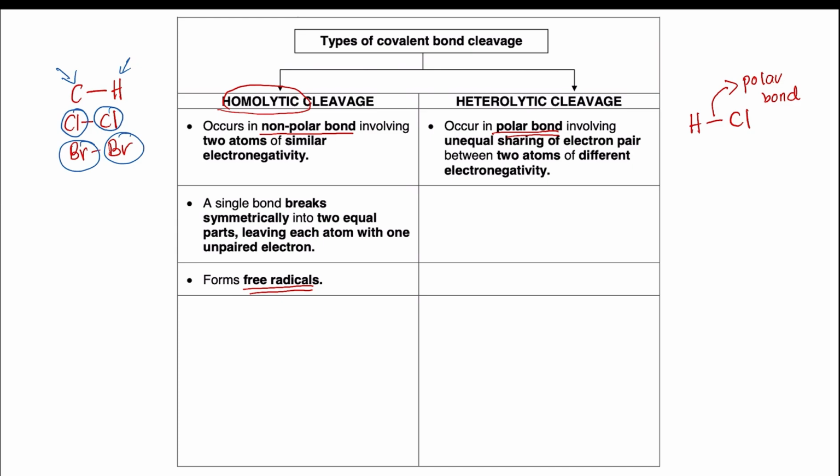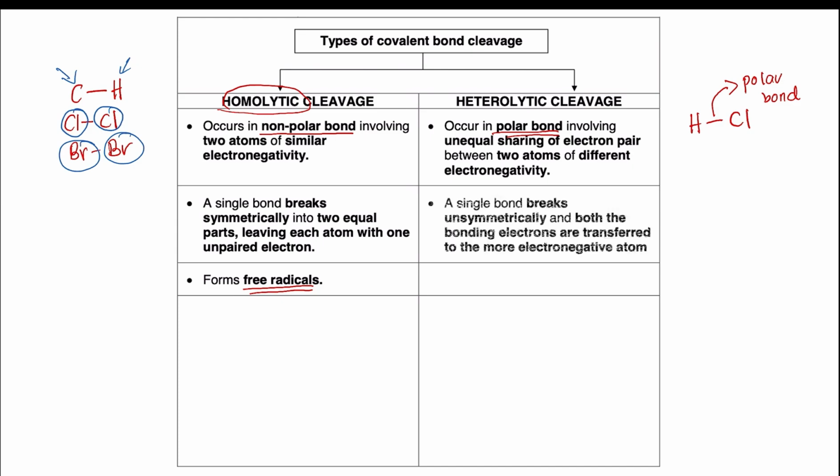And then what happen when this single bond breaks, it will break unsymmetrically. So, both the bonding electrons transfer to the more electronegative atom. So, it will produce what we call as cation and anion. Okay, so Madam explain lebih lanjut ya.